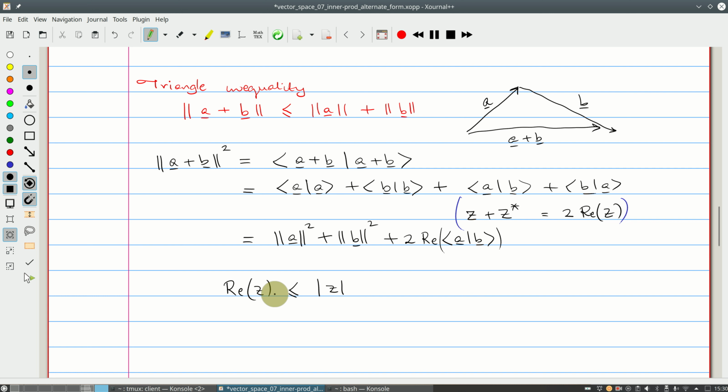And once again, you should be able to see this, because if Z was a real number, then this is an equality. The real part of a real number is that real number. If Z is a complex number, then you have to add the bit of the complex number along the imaginary axis to the part that's along the real axis, so you get something that's greater than the part along the real axis. And that's all we need now, because that lets us write this as an inequality.